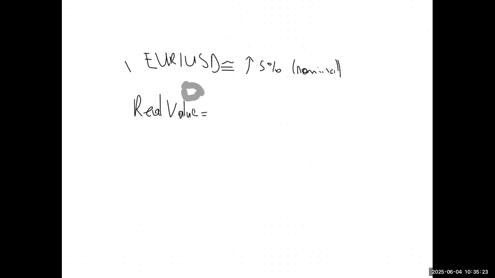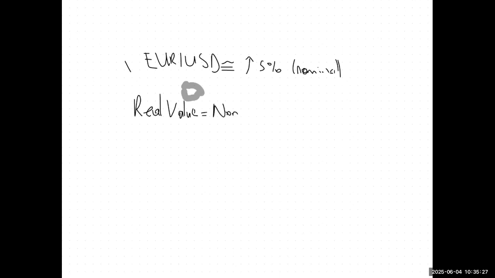What is its performance for 1 year? Approximately an increase of 5%, right? And by the way, these are nominal returns. But I want to see my real purchasing power. What is the real value? The real value is this one. Nominal.